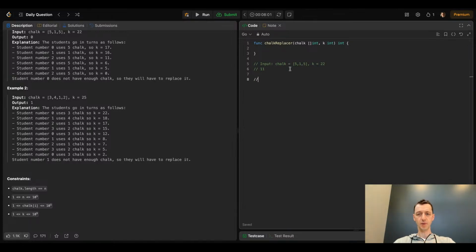What is 10 to the power of 9? 10 to the power of 1 is 10, so to the power of 9, it's a billion. That's the worst case, when we have a billion pieces of chalk to work through.